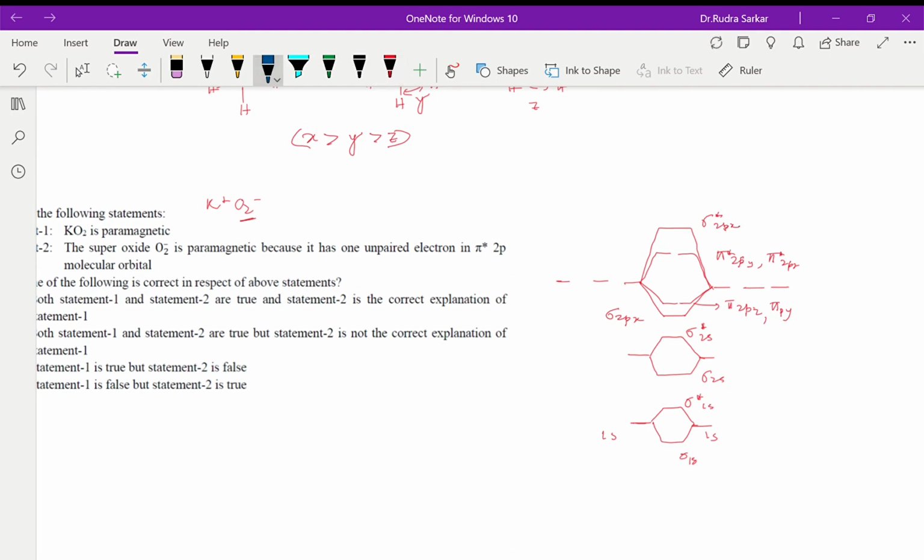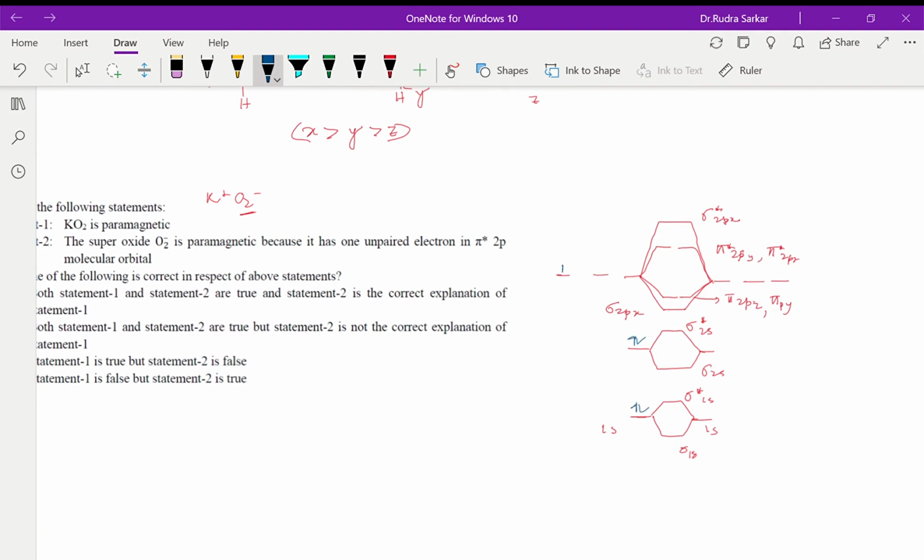So the electrons, let's fill this up. 8 electrons for oxygen each. So this is oxygen AO, this is MO of O2, and that too is oxygen AO. Just follow how I'm filling it up.